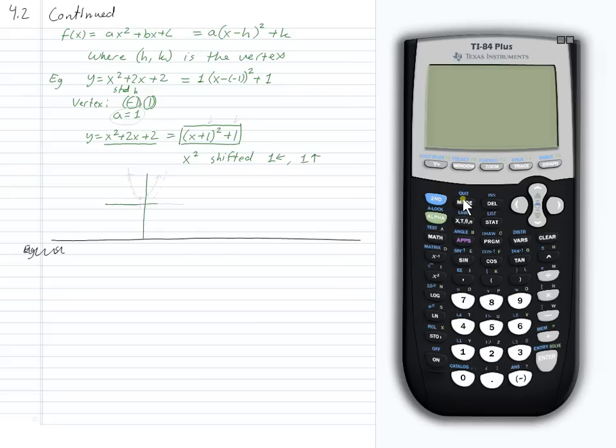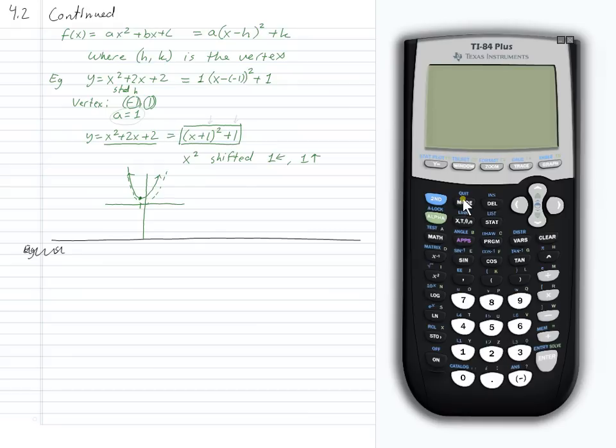So we can put that together. If I take y equals x squared and I shift it 1 unit to the left and 1 unit up, we get the graph that we just came up with. And we see that our vertex is exactly where it's supposed to be.